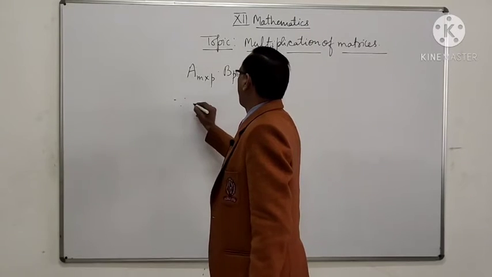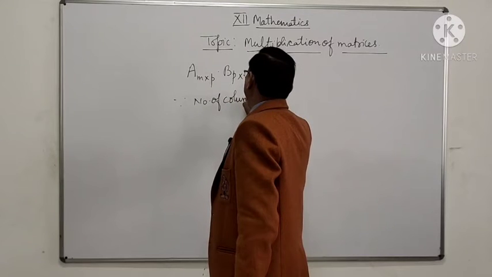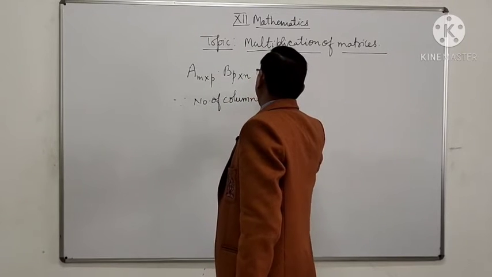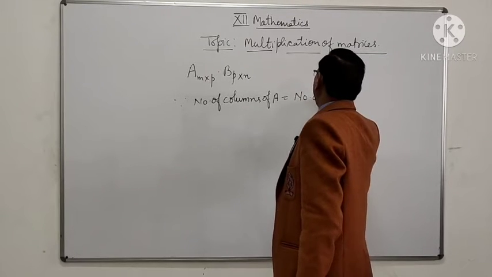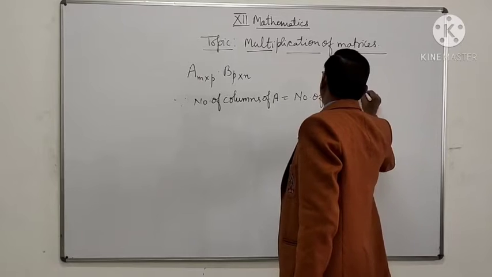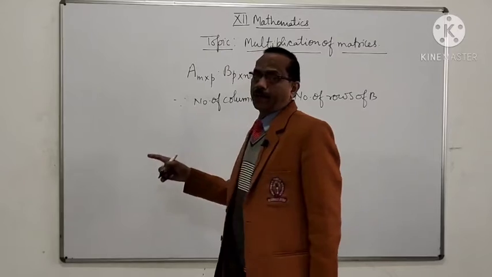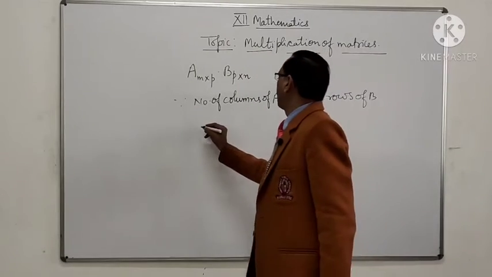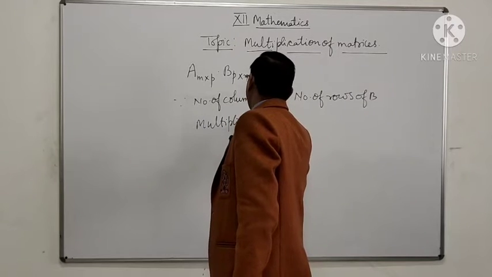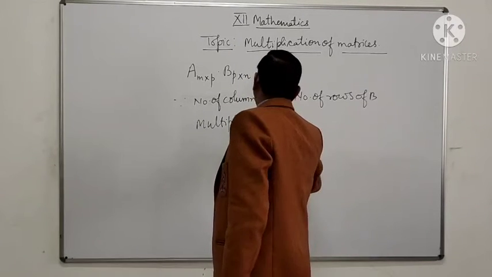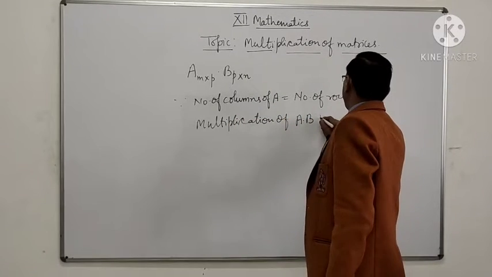Since the number of columns of A is equal to the number of rows of B, multiplication is possible. Multiplication of A and B is possible.